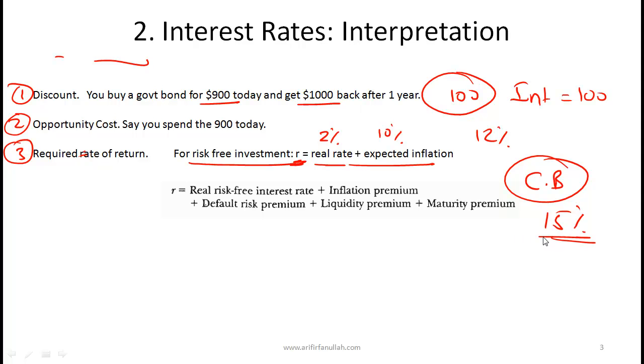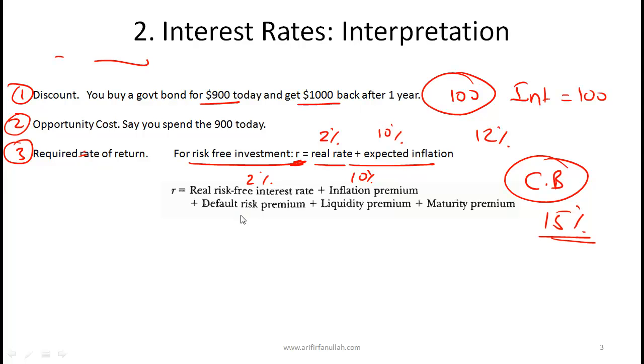The required return when you are investing in something that has a risk again has the same first two components. So there will be the risk-free interest rate, which is, let's say, same 2%. The inflation premium, obviously if there is a 10% inflation, your return should be more than that, otherwise you are effectively losing money. So that's the 10%.